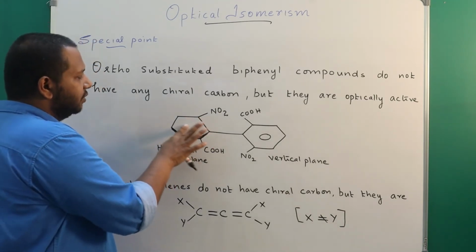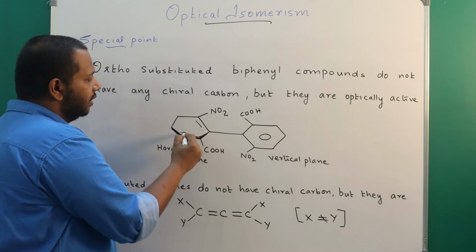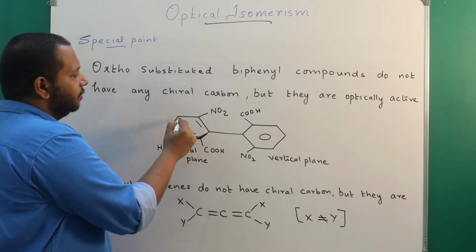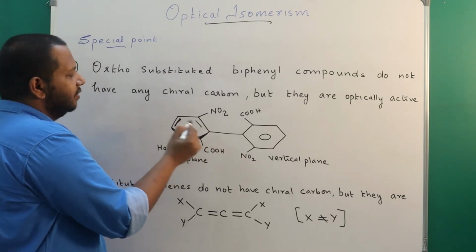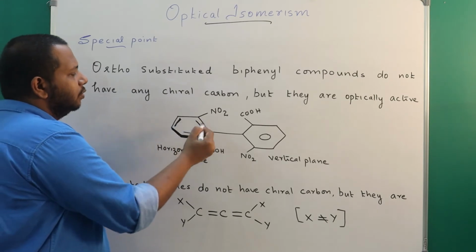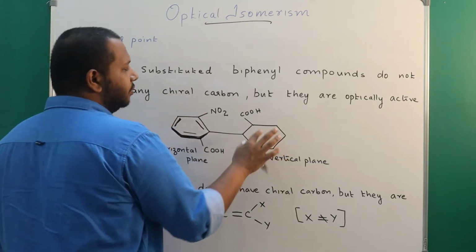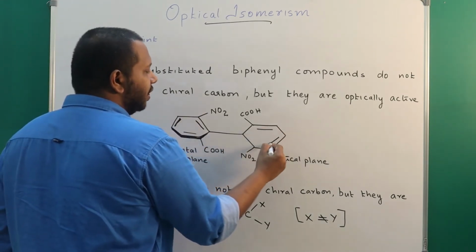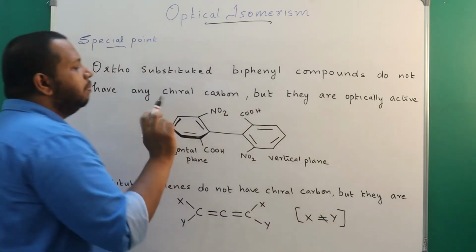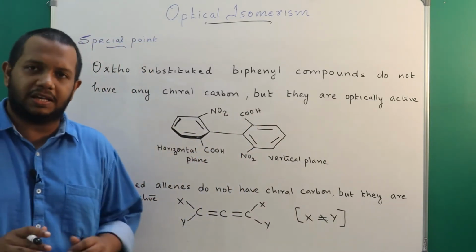Okay, I remove this and put this one, then it becomes clearer. If a double bond is there, that means two valencies are associated with the same atom. So I can say there are no chiral carbon atoms present here. But this compound is still optically active.